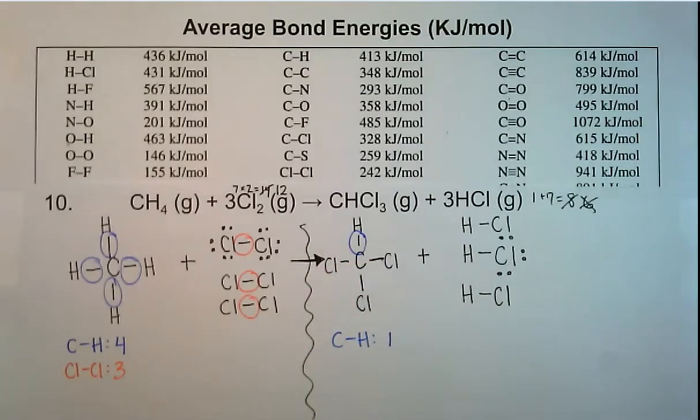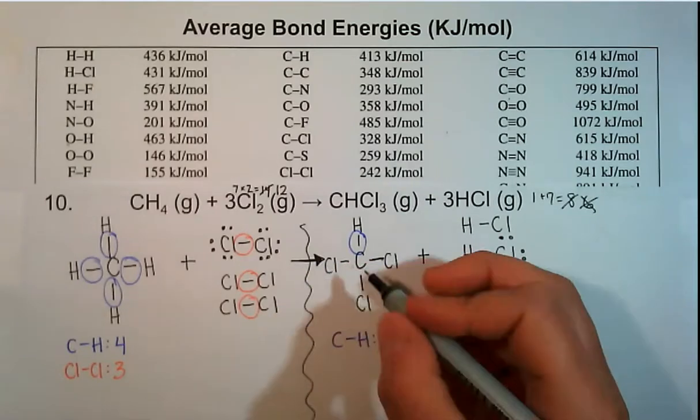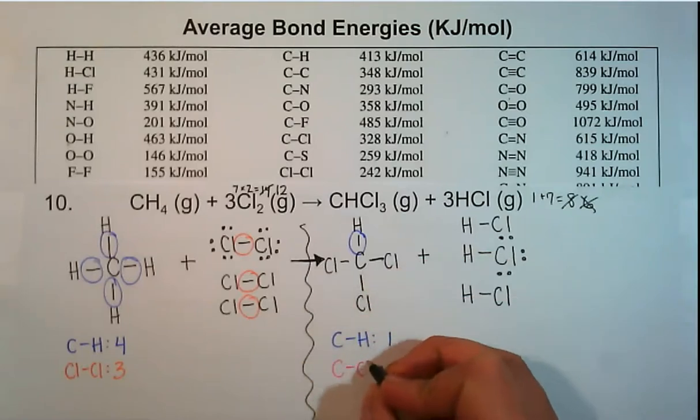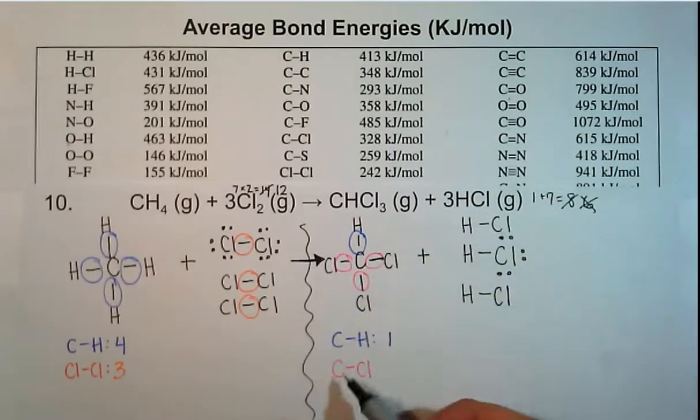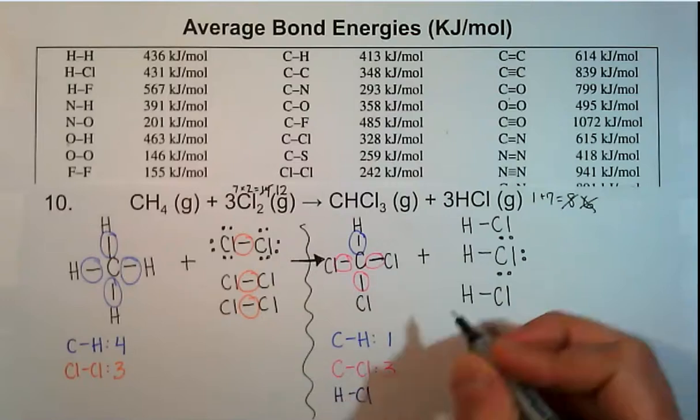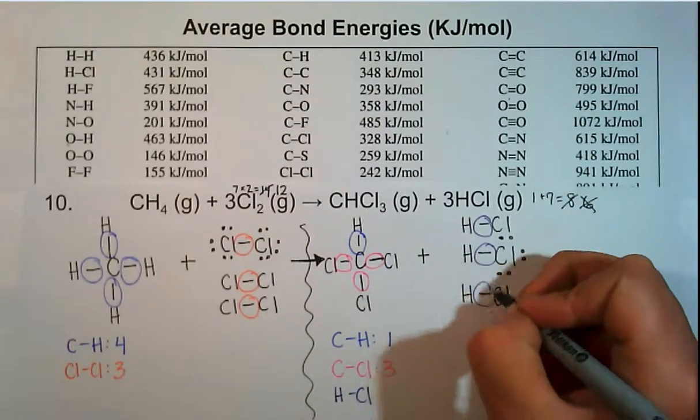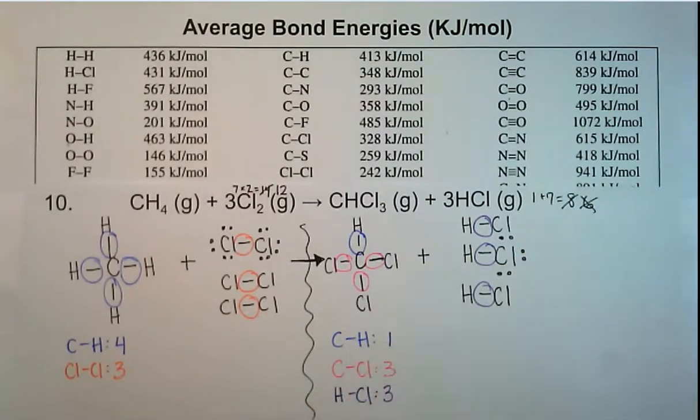Alright, so new types of bonds now. We have carbon-chlorine. And I have 1, 2, 3 of that type of bond. And then I also have hydrogen-chlorine bonds in my acid. 1, 2, 3 of that type of bond.